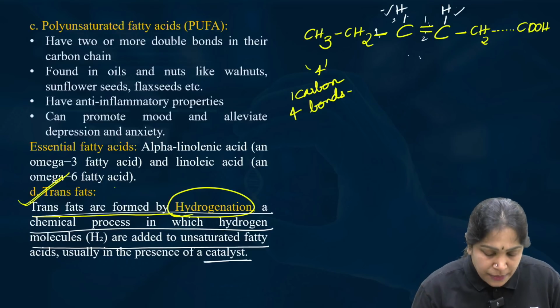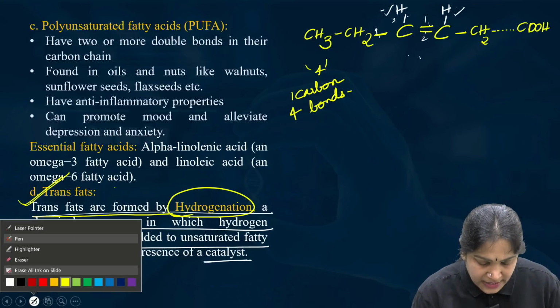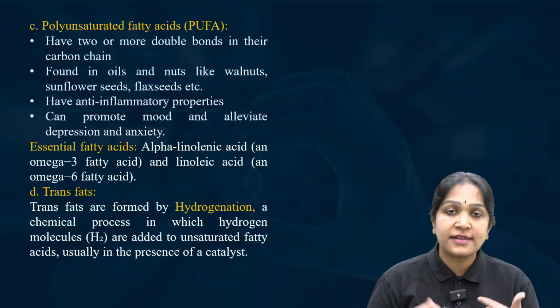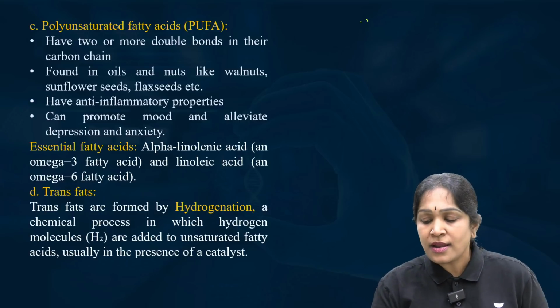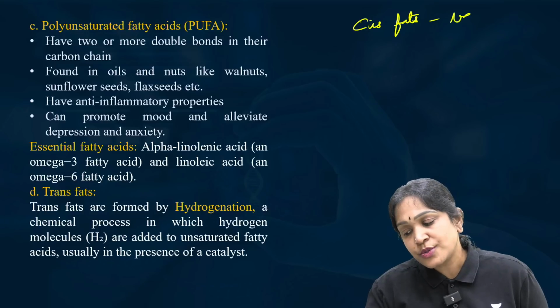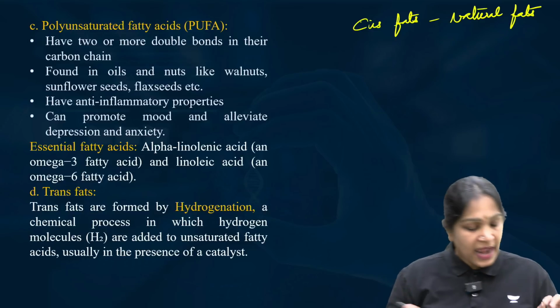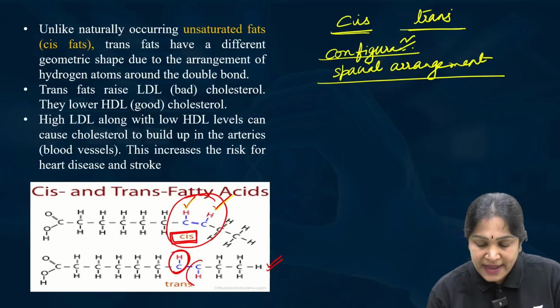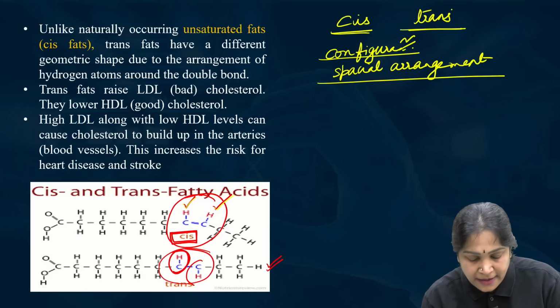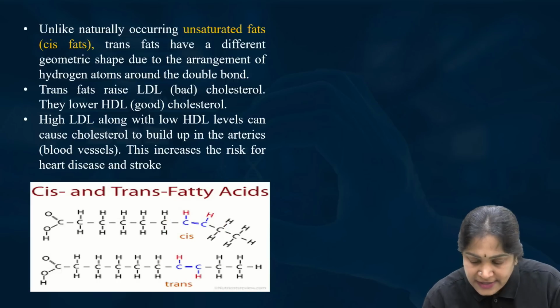All the fats that we have in our body, listen to this carefully, all the fats that we have in our body naturally are cis fats. All natural fats are cis fats. And these trans fats are made, as you can see in this diagram, by a process called hydrogenation.